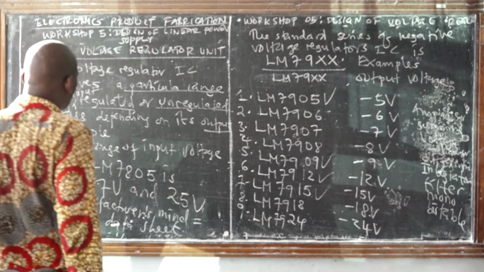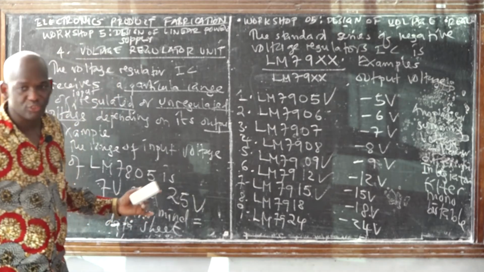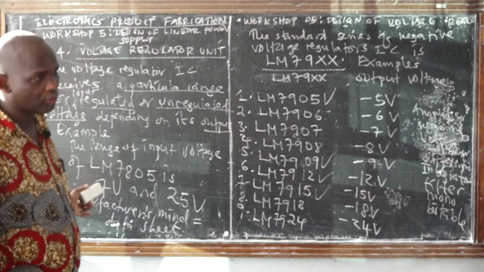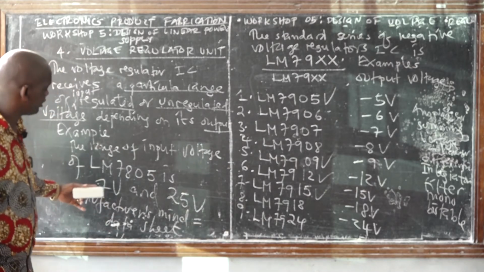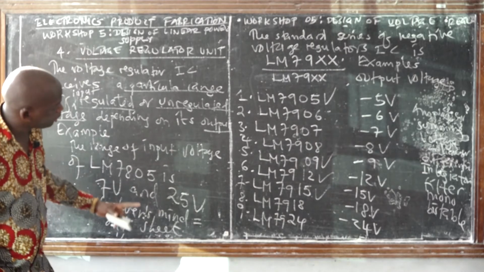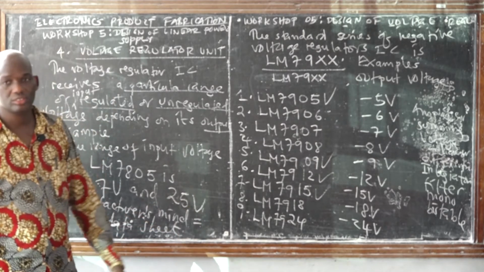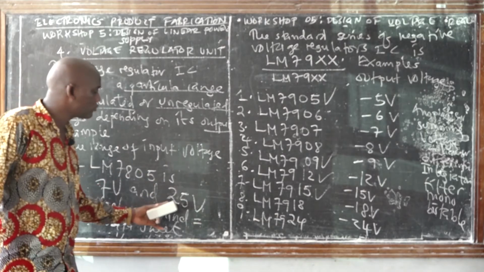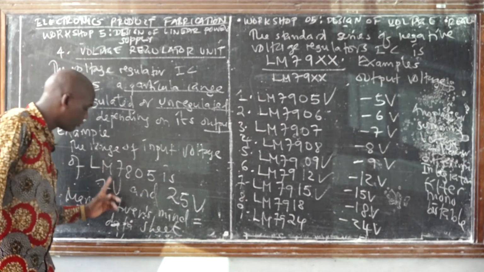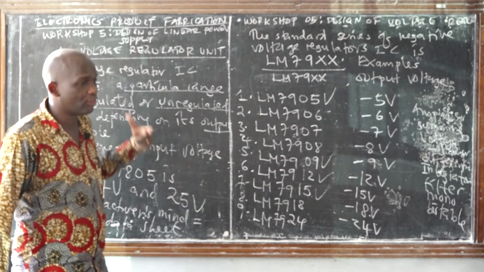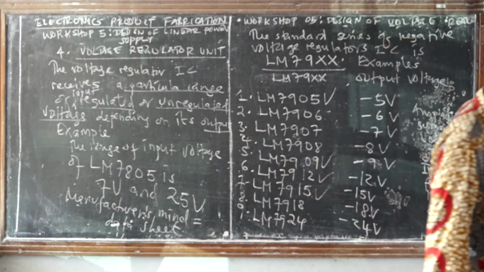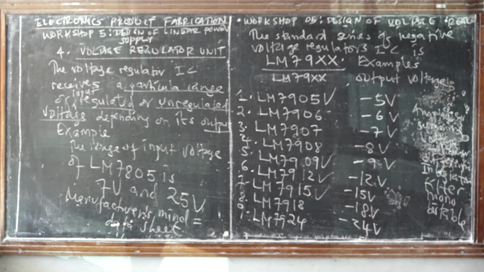So the LM 7805 performs its function when the input voltage is 7 volts or greater, but not greater than 25 volts. If it receives an input voltage between 7 and 25 volts, the voltage regulator will perform its function of regulating, or stepping down, the voltage and give you the 5 volts.